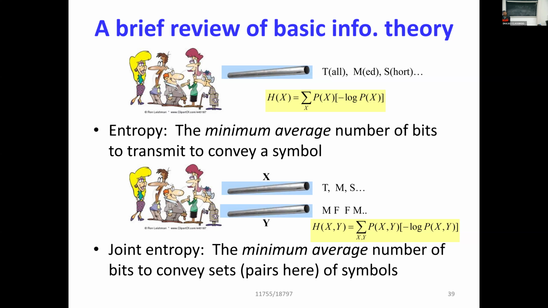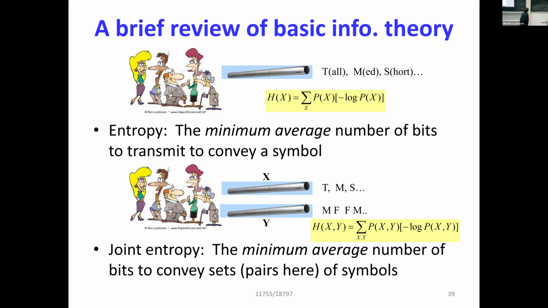If I wanted to send both height and gender, and it costs me money, I'm allowed to do anything, any which way, right? So H of H comma G is how much money I'd be spending using an optimal coding scheme for height and gender. The entropy of H given G is how much money I'm going to be spending if gender went for free. So this is the entropy of gender.